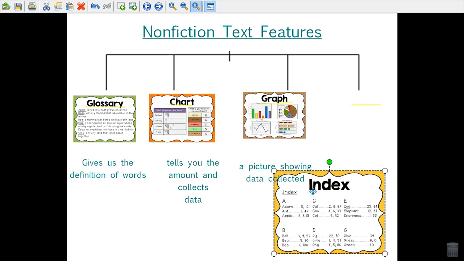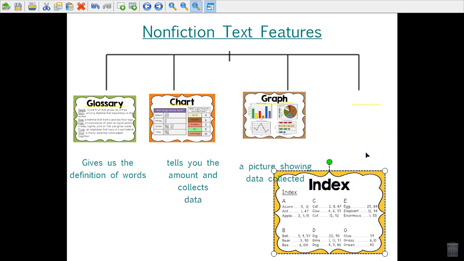Okay, if you said that it tells you what page number to find these words, give yourself a pat on the back because you were absolutely correct. I know that the index tells me if I'm looking for the word acorn right here, I can go to page 5 or page 12 and I will find the word acorn or find information about an acorn.